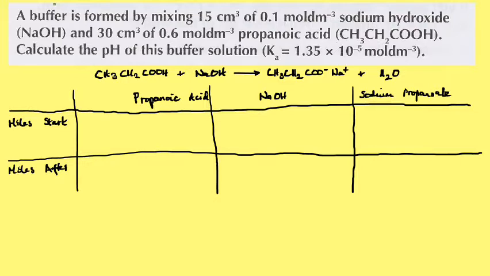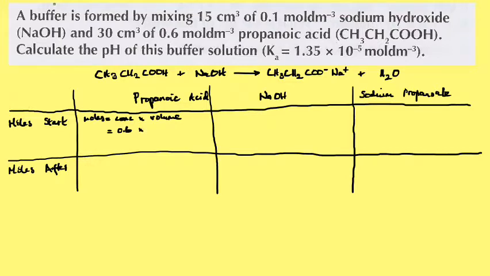So first of all, we want to work out the moles of propanoic acid before. You'll remember that moles equals concentration times volume. In this case, we are given the concentration at the start of the propanoic acid, which is 0.6 mole per dm cubed.